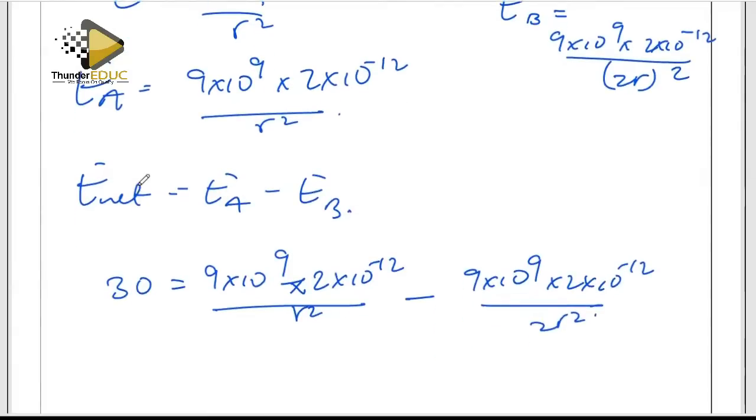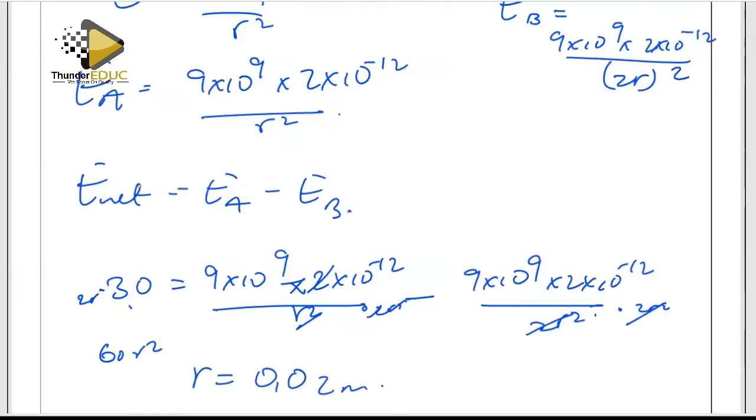So you can multiply through by 2R squared, so that we can get rid of some things. So if I say 2R squared, 2R squared, and then 2R squared, it's going to give me 60R squared. This and that, this and that, and this will cancel that. Then I'm only left with this, subtract that, and then I'll divide both sides by 60. Then I find the square root, which means that my final answer should be 0.02 m.